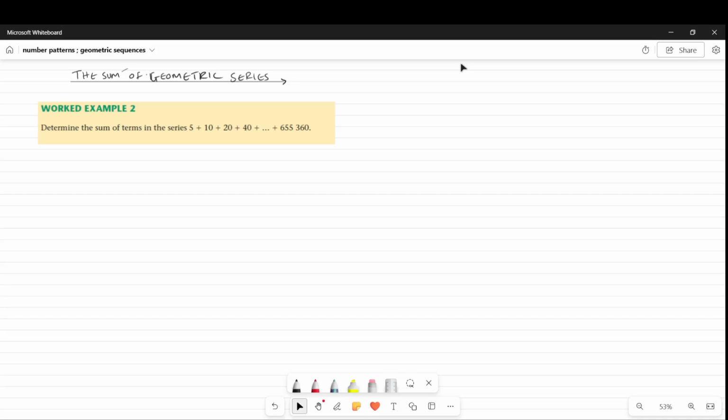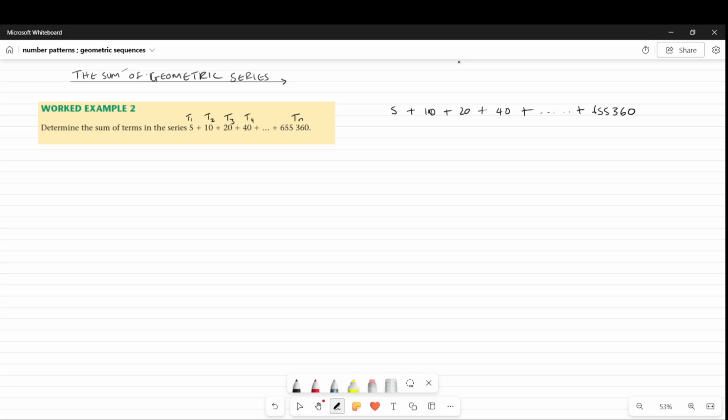They gave us the first four terms, so we're going to say this is T1, this is T2, this is T3, this is T4, and this will be our Tn.